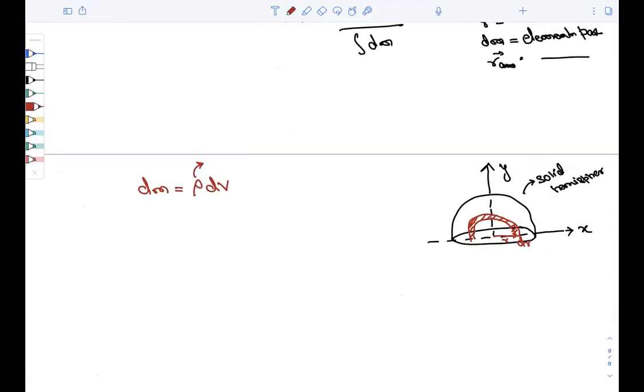Where rho is the density of that, and rho is equal to m upon 4 pi by 3 r cube, 2 pi, sorry, hemisphere है ना. rho is equal to m upon 2 pi by 3 r cube, right? So if you put it in dm, ये ऊपर चला जाएगा 3m by 2 pi r cube.